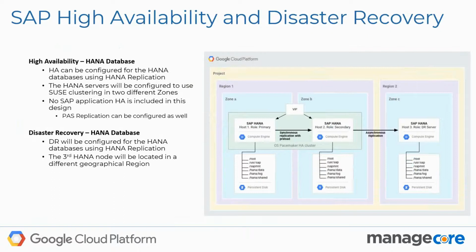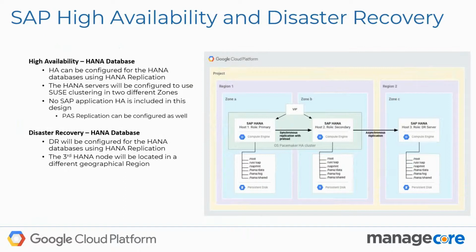Now I'll talk a little bit about high availability and disaster recovery, and we're going to start with the HANA database itself. So in this diagram, I'm going to discuss how we can provide HA and DR within GCP for HANA. As you can see here, we have two HANA databases, a primary and a secondary, within a single region.